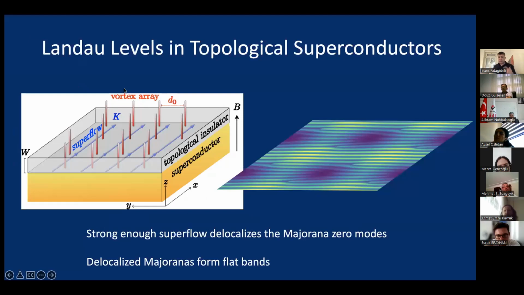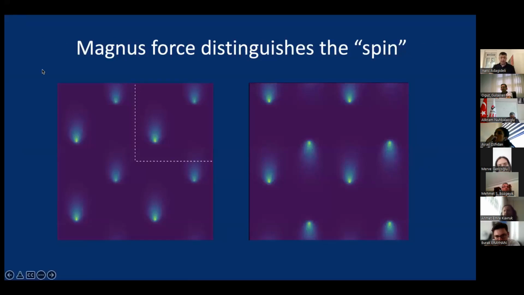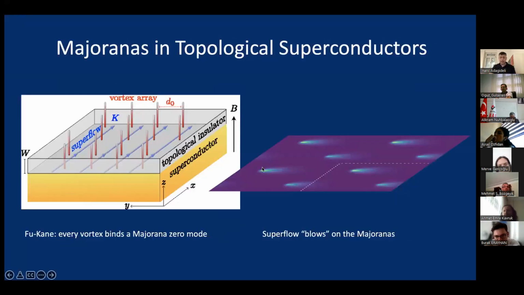Okay, so when you put enough superflow, that is the key thing. You see that these Majoranas get blown away, and then they start seeing the other Majorana, right? If you blow on it too much, you will start seeing the other Majorana. We know that they don't like to be together, they get hybridized and so on. And this is what we thought would happen in the beginning.